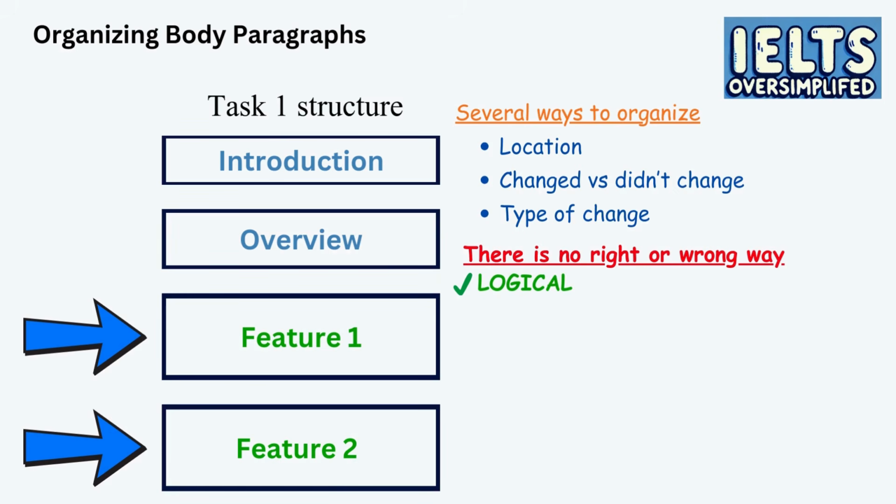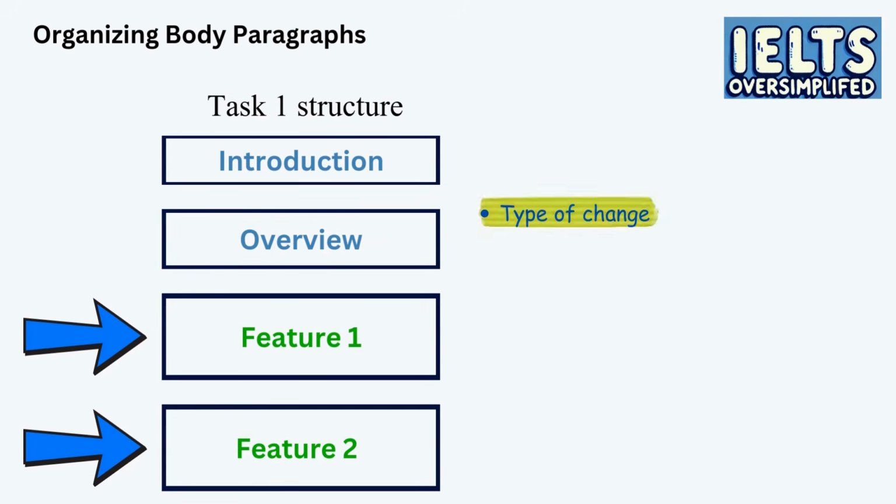Your organization also needs to help highlight key features, which means deciding key features during your planning stage is important because it will influence your paragraphing. I'm going to teach you to organize by type of change because this method works for any map you'll get in the exam.